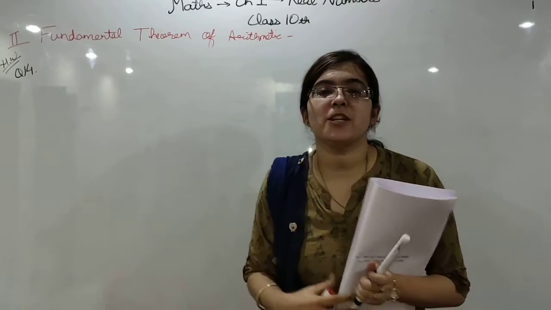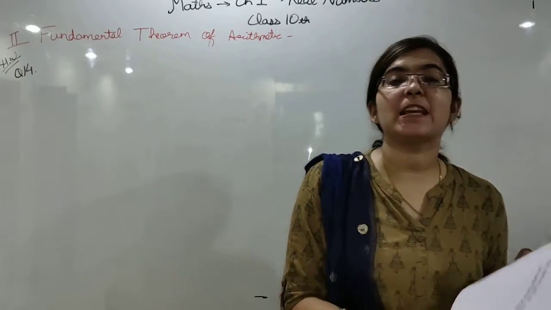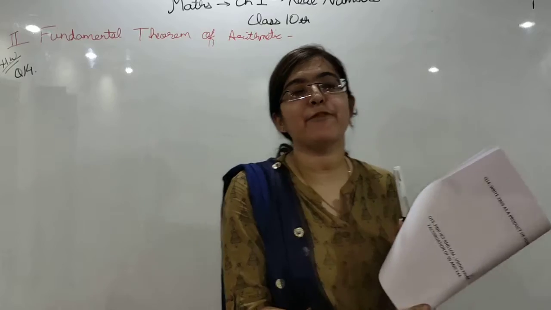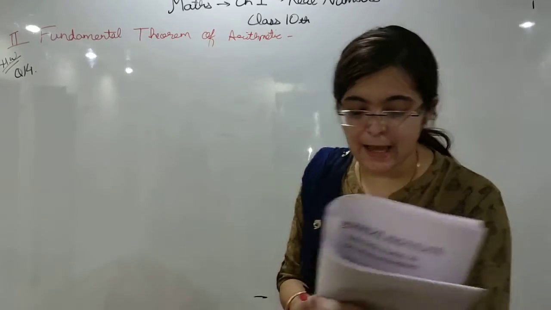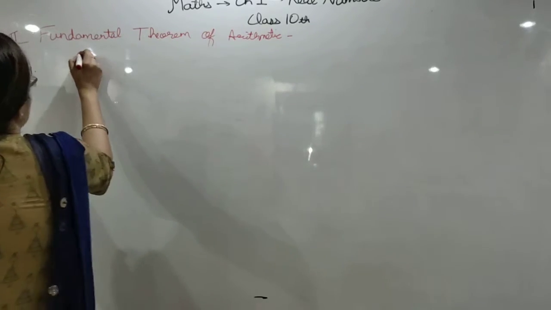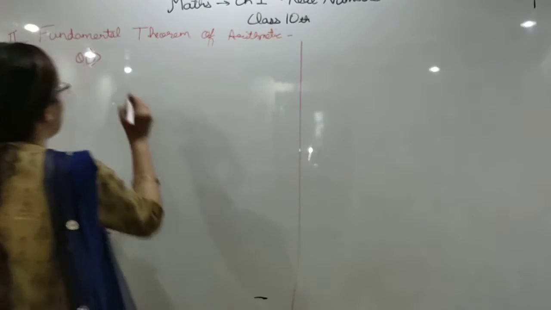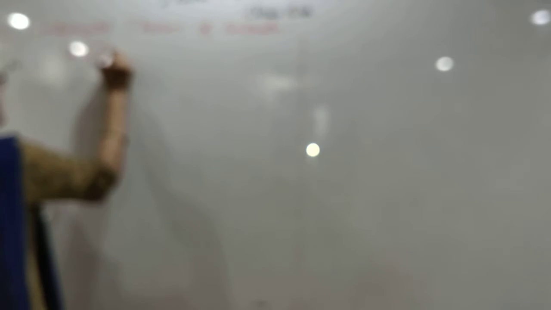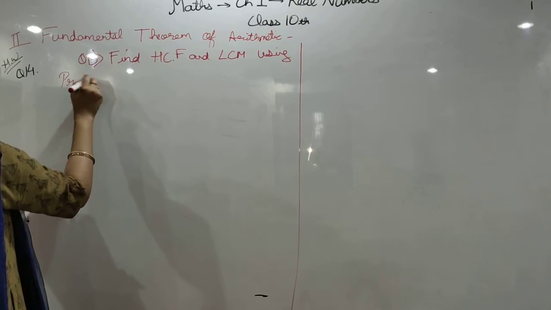Now let's see question number 15. Question number 15 is: find the HCF and LCM of 90 and 144 using prime factorization. What it is saying?